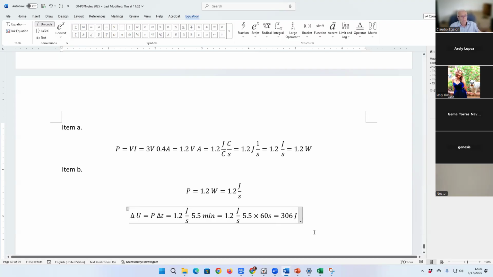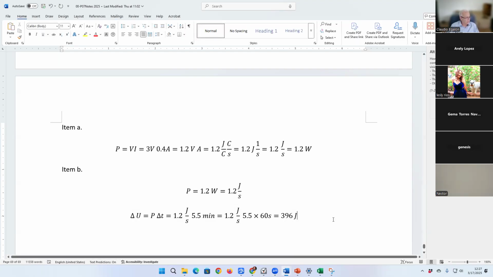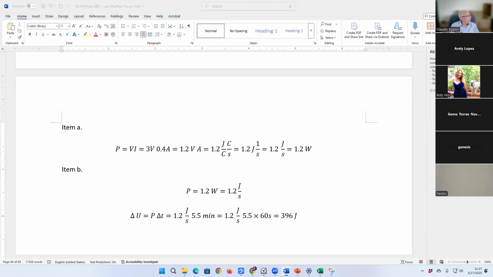Right? That's the amount of energy that the resistor, that the bulb consumes.